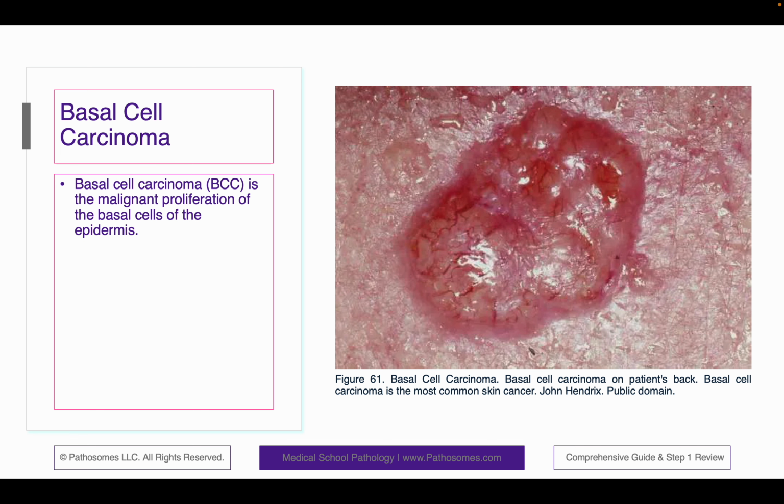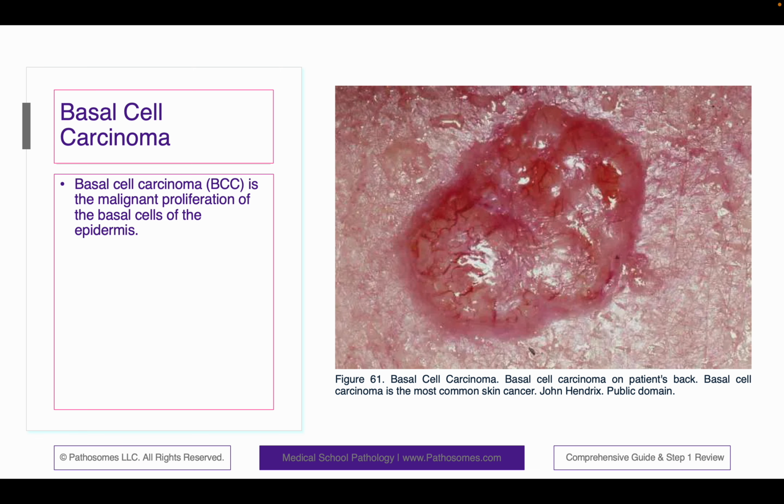Now, basal cell carcinoma. You'll have to be able to recognize this. You'll see this a lot in multiple settings. Basal cell carcinoma is the malignant proliferation of the basal cells of the epidermis. As you can see here to the right, this is a picture from a patient's back.